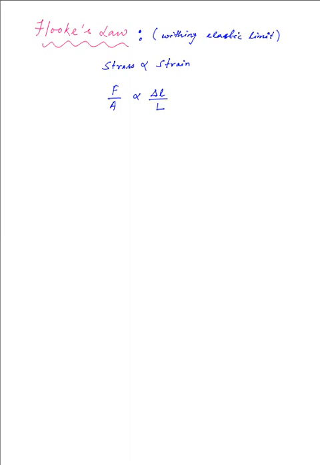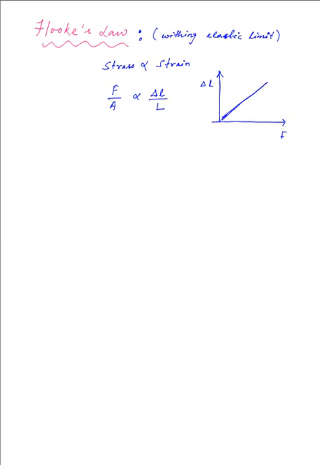Now, if we were to plot a graph for that, we are applying a certain force on any given object, and within that elastic limit, this del L is giving me the extension of that object. So this is more or less what Hooke's law states. It's a straight line, it's directly proportional.